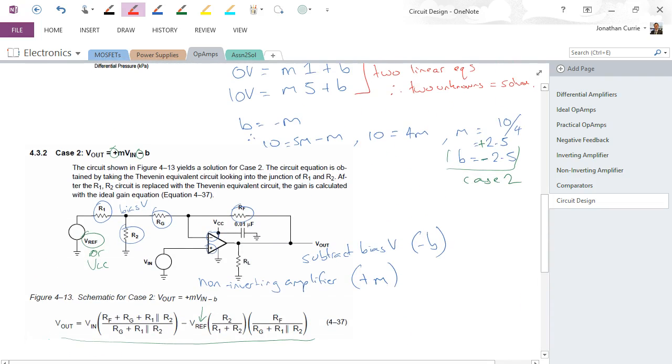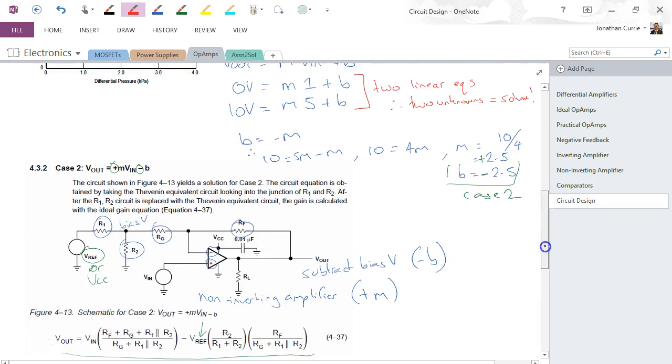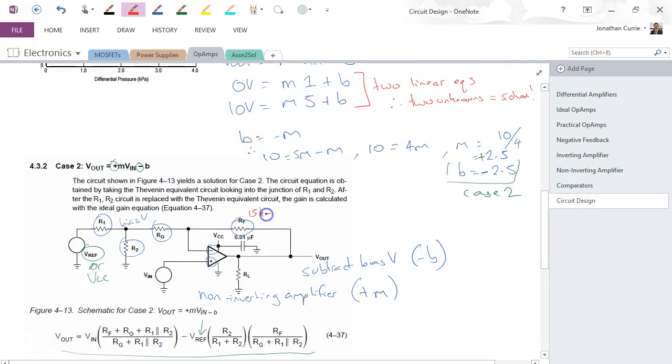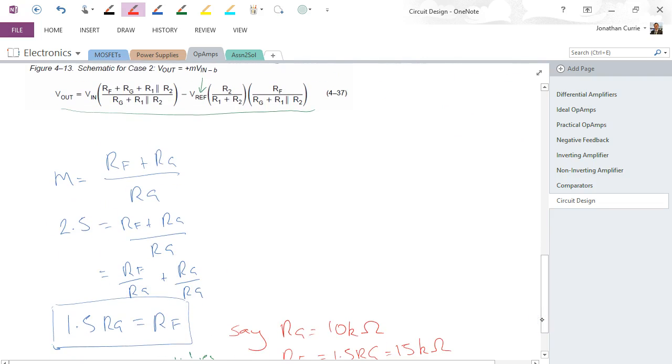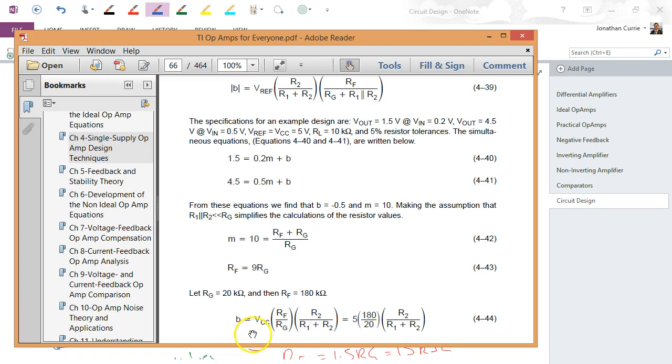So in our circuit, we would have RF is equal to 15k and RG equal to 10k ohms. To solve for R1 and R2, we now use the expression which relates B, which is this one as we see here in the Texas Instruments book.